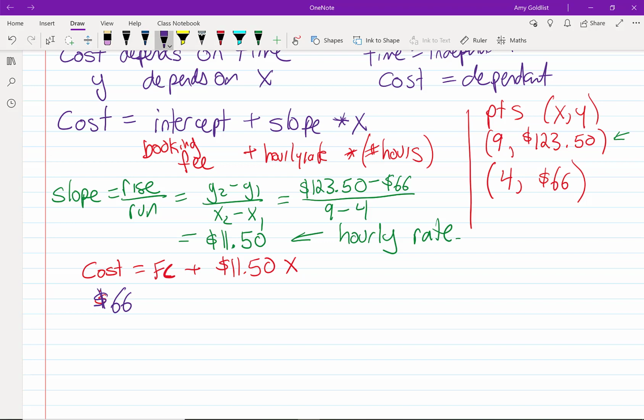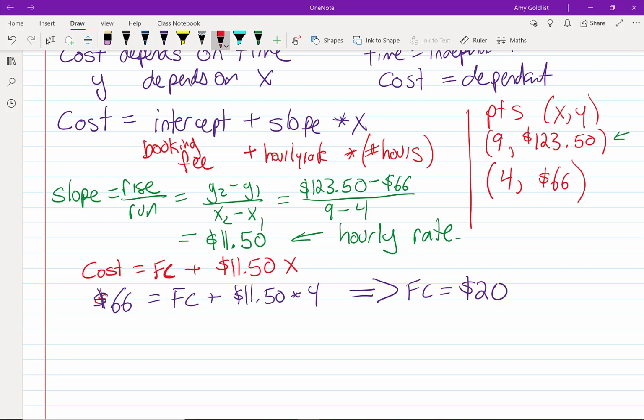So our cost is $66, and that equals fixed costs plus $11.50 times 4. When I move this around, and this is something where if this is not easy for you to solve, that fixed cost is $20, come talk to me, send me an email, go over some algebra things, and we will get that nicely sorted because this is an important thing to know.